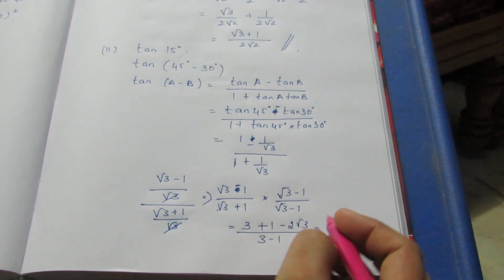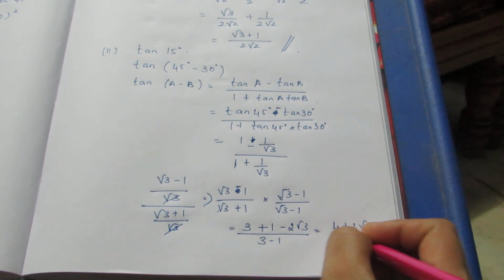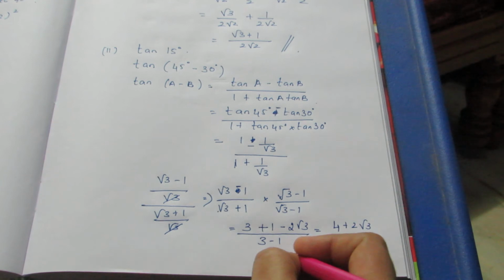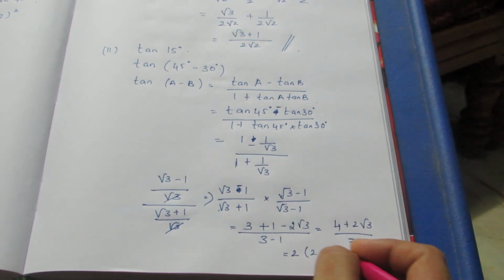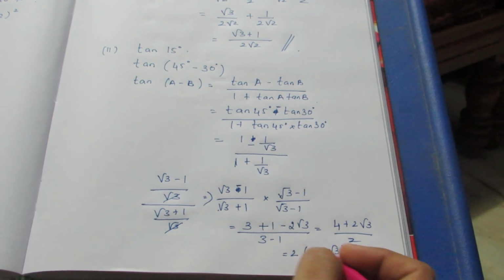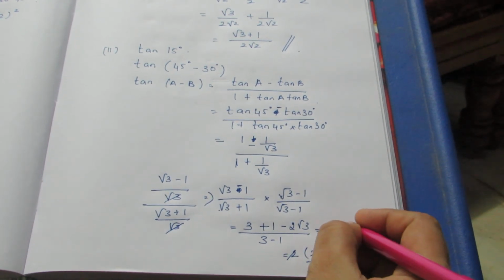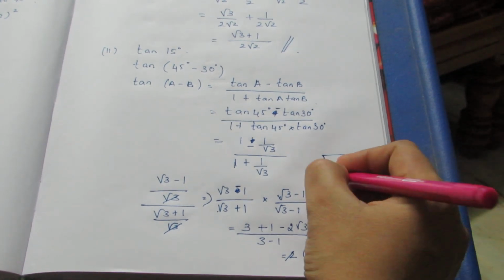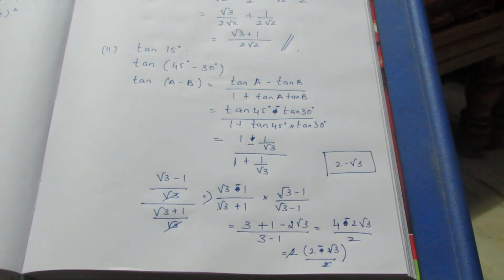So my final answer will be 4 minus 2 root 3 by 2. I can take 2 common in the numerator, so it becomes 2 into 2 minus root 3 by 2. Here 2 gets cancelled. So my final answer for the sum is 2 minus root 3. Here 2 minus root 3 is the final answer for the second sum.